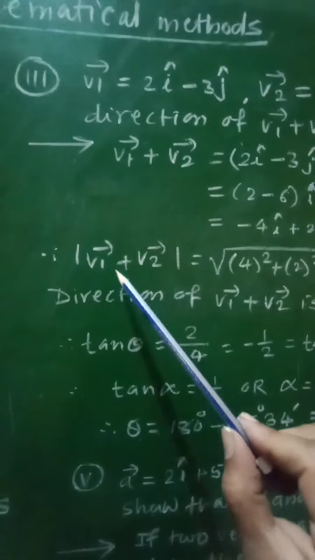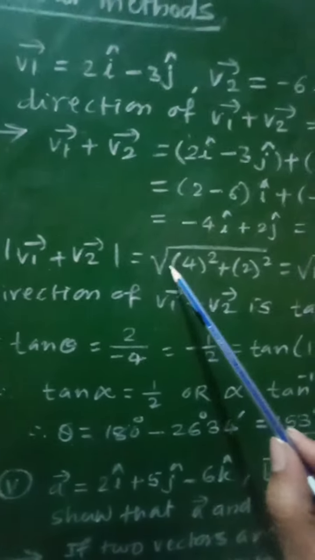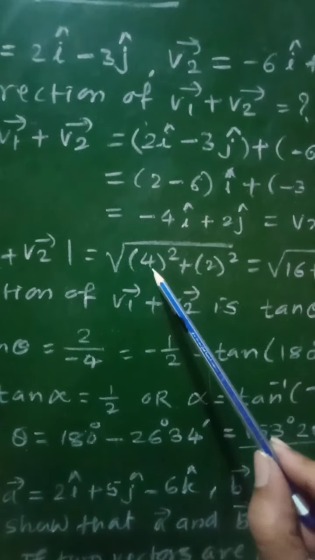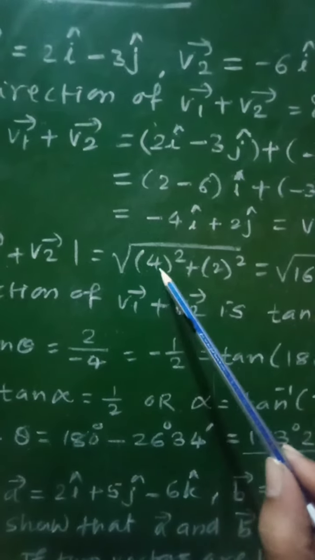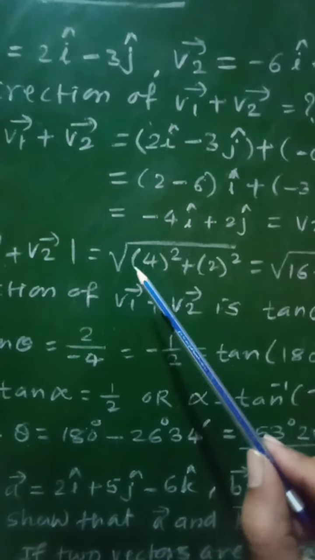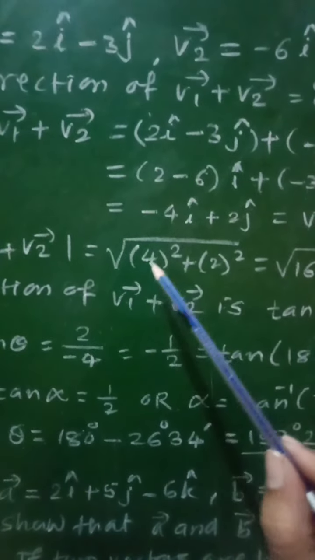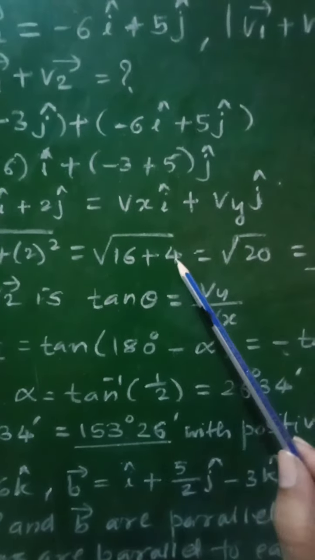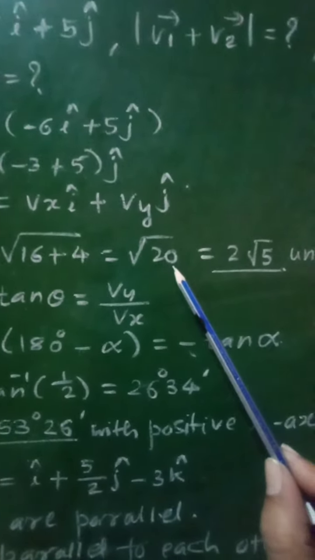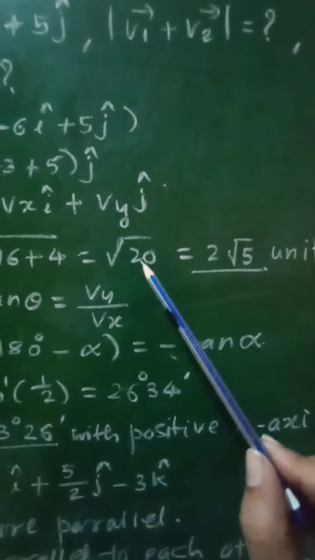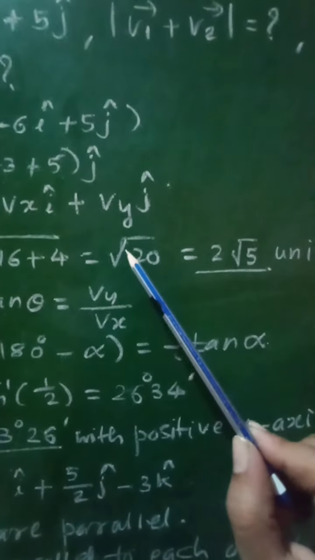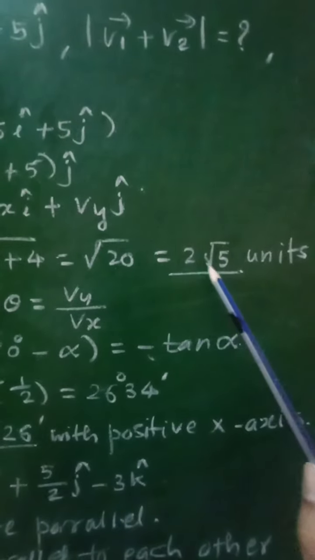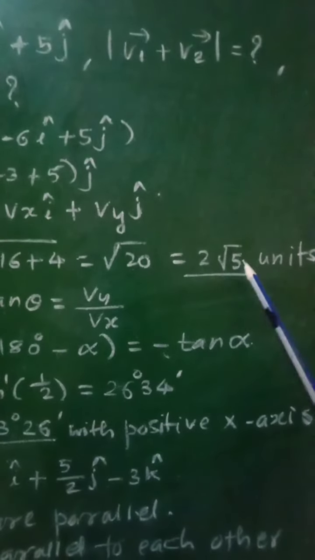And therefore magnitude of vector v1 plus vector v2 will be equal to square root of vx square plus vy square. Though vx is minus, the square of minus comes out to be plus, and therefore square root of 4 square plus 2 square, which comes out to be under root 16 plus 4, which is equal to root of 20, which is root of 4 into 5. Square root of 4 is 2 and under root 5, so 2 root 5 units will be the magnitude of vector v1 plus vector v2.